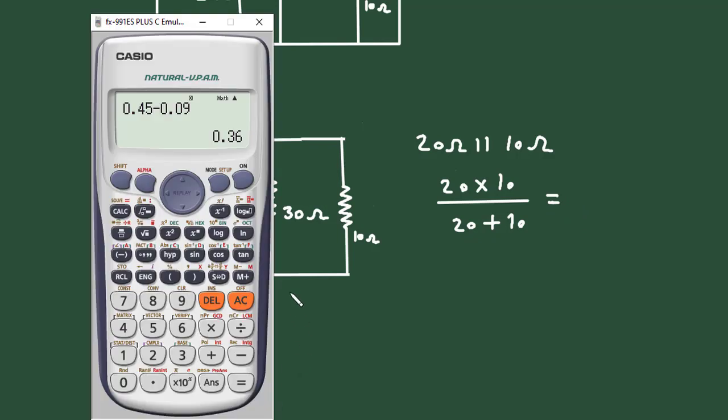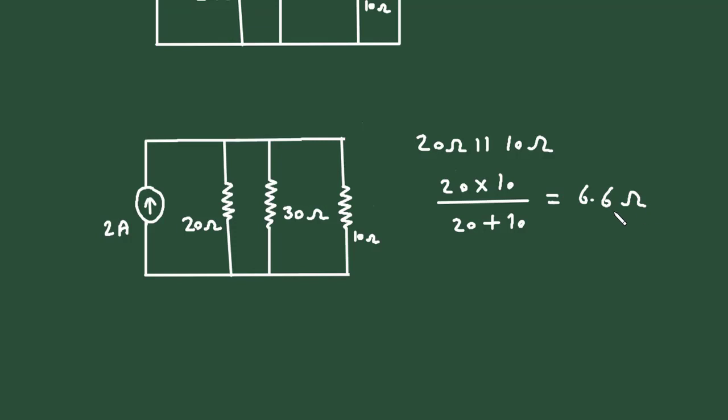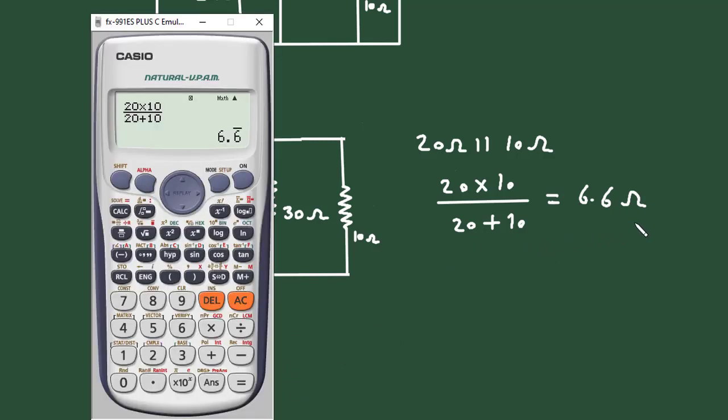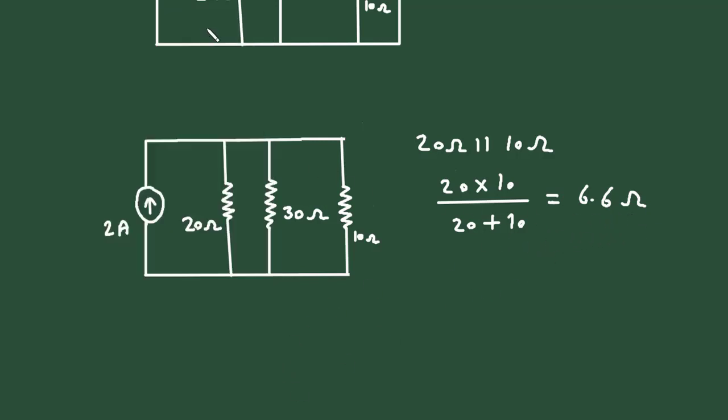So it is 6.6 ohm. Since it is resistance, its unit will be ohm. So let's erase this from here and it will be a single resistor of 6.6 ohm.